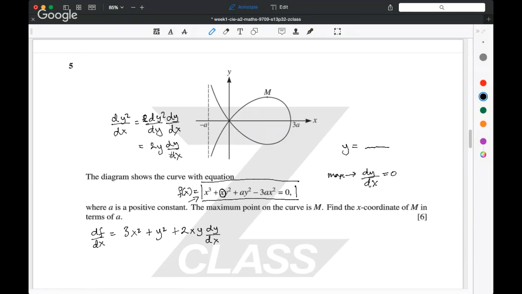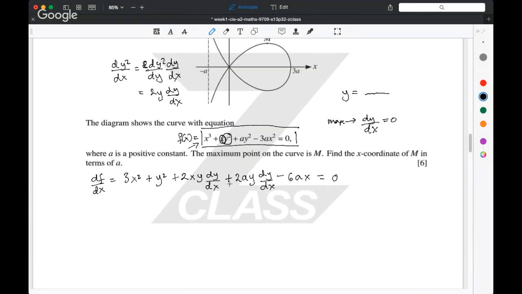So this is using the chain rule. And that second bit, that x squared bit, also needs to be differentiated using the product rule. And again, here we have plus 2ay dy/dx minus 6ax. And this is equal to the derivative of the number 0, which is just 0 again.